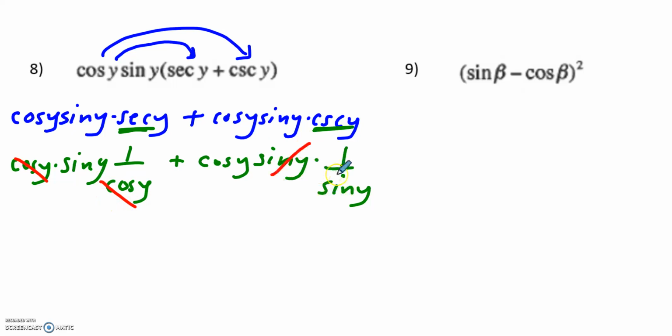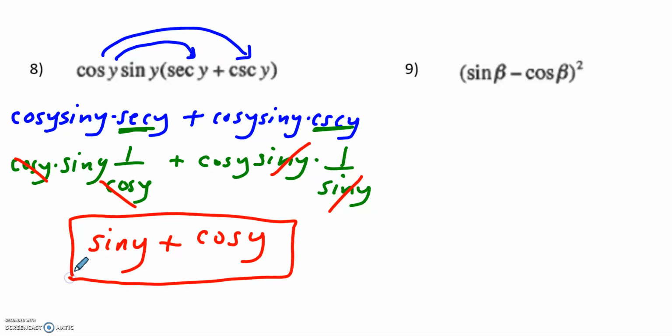In the second term, the sine, one's on top, one's on bottom. So here I'm just left with sine y times 1, which is just sine of y, plus cosine of y. Now, this does not say sine squared plus cosine squared, so the answer cannot be 1, but the answer can be left like this because I cannot combine anymore.